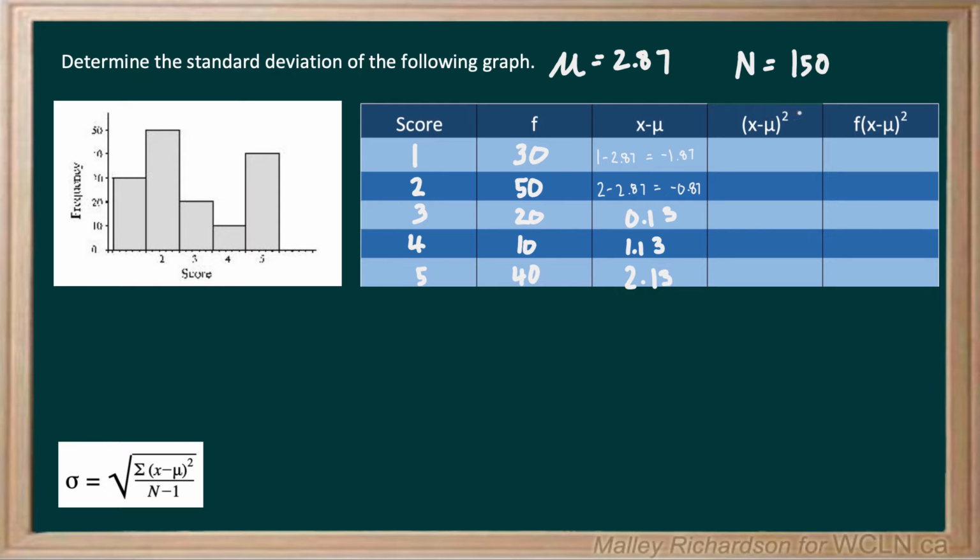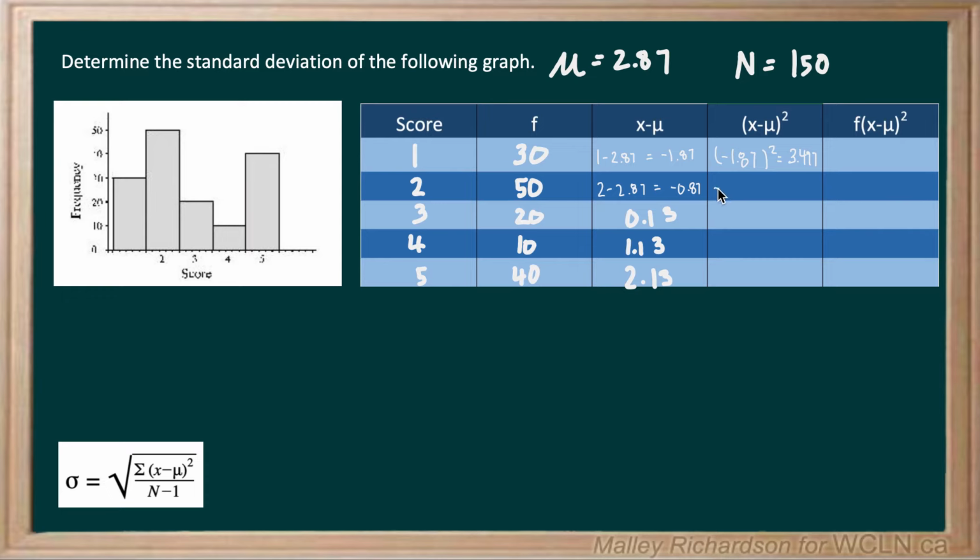Now in our next column, we have x minus mu all raised to the power of 2. So we take our value from the previous column, which is negative 1.87, and we raise it to the power of 2. Negative 1.87 squared gives us a value of 3.497.